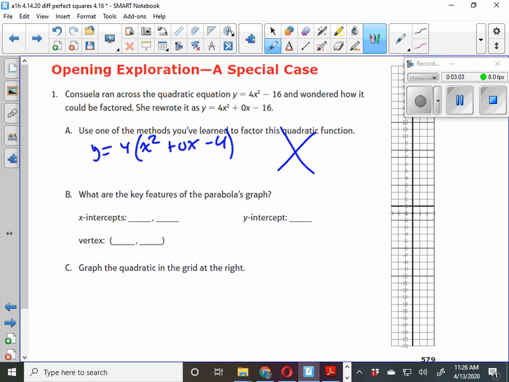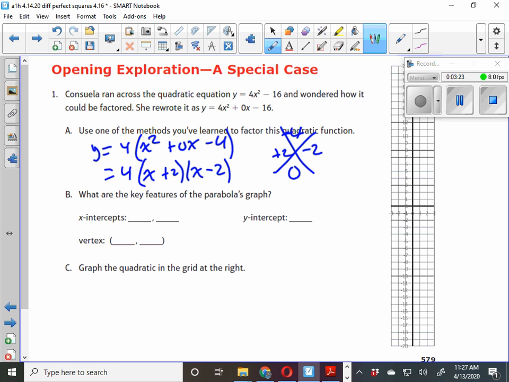Now we're looking for factors of negative 4 that add up to 0. Doesn't that have to be both plus 2 and minus 2? So we end up with 4 times x plus 2, x minus 2.